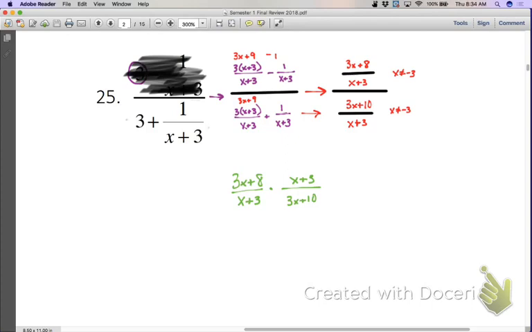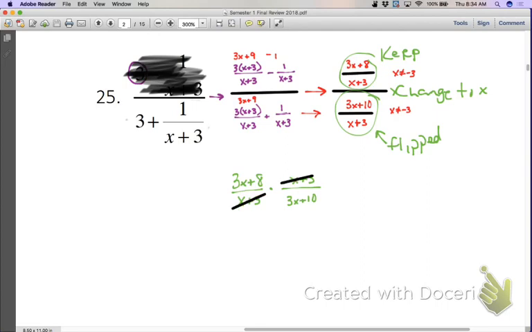What do we do? Well, we change to a multiplication sign, and then we flip there. So then what's going to happen?